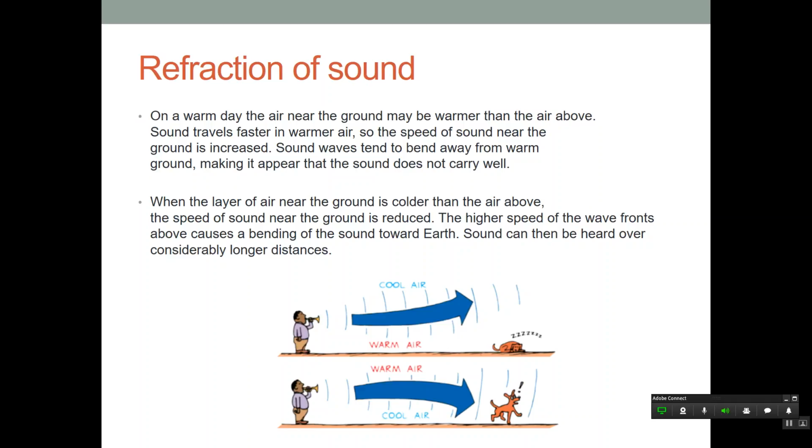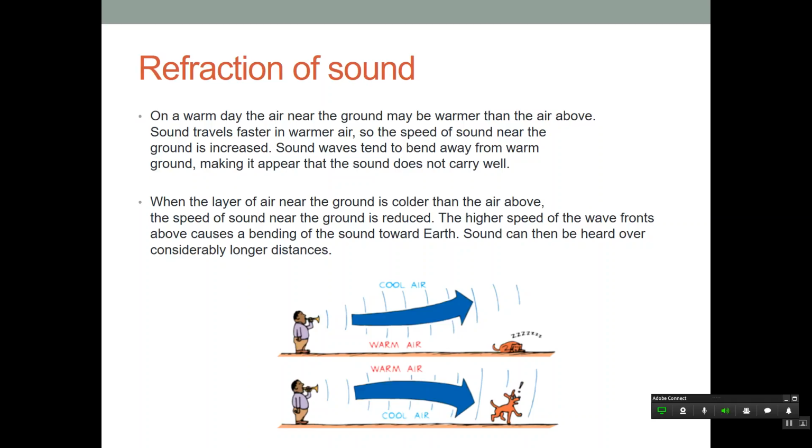So we're talking about light being able to be refracted, but sound could also be refracted because, as you guys remember, sound travels differently when you're talking about hot air versus cold air. So here is a pretty interesting cartoon. This person's blowing the horn. In cold air, the sound actually doesn't travel to the dog.